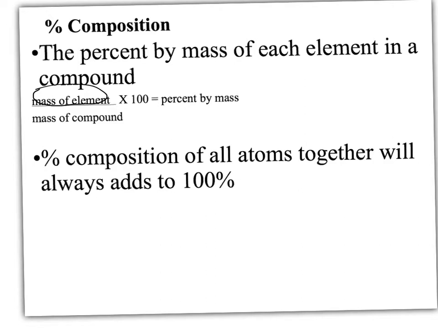If you have a compound and you find the percent composition of each atom, then they're going to add up to 100. And sometimes you'll hear this called percent by mass. So percent composition, percent by mass, same thing.